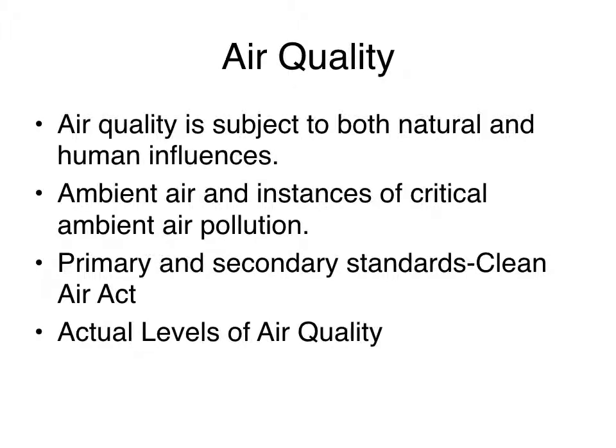Now, if there's non-compliance, the EPA can impose different sanctions, and your book talks about a 2-for-1 offset sanction: for every one unit increase in pollution, the offending agency would have to offset their pollution by a factor of 2.